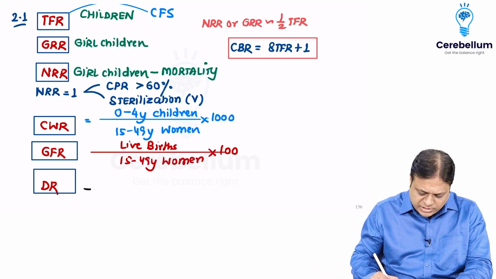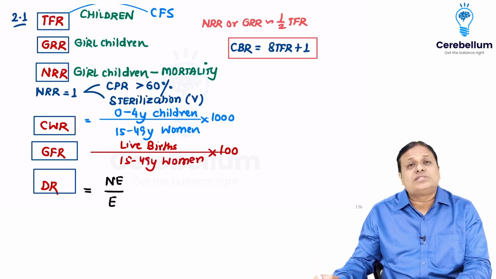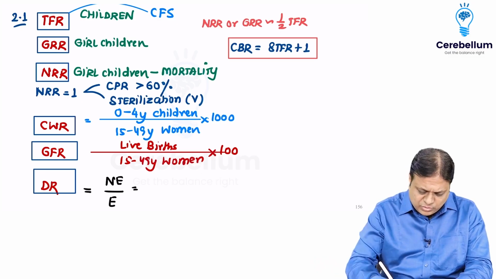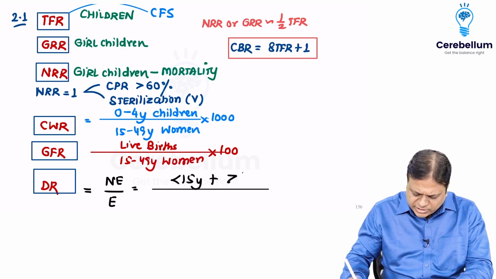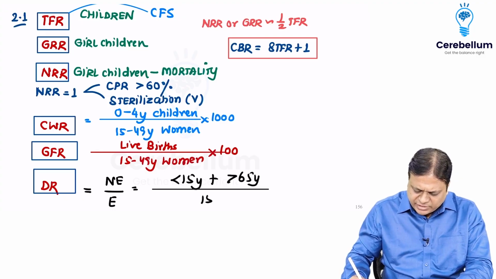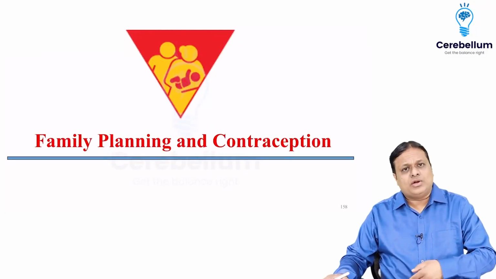Dependency ratio is economic dependency. How much non-earning depend on earning for survival. So this includes non-earning population taken as below 15 years and more than 65 years divided by the rest of the population.